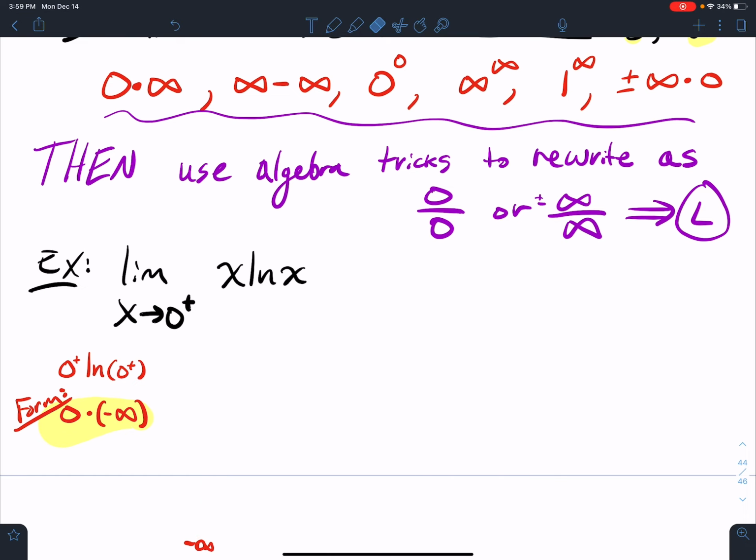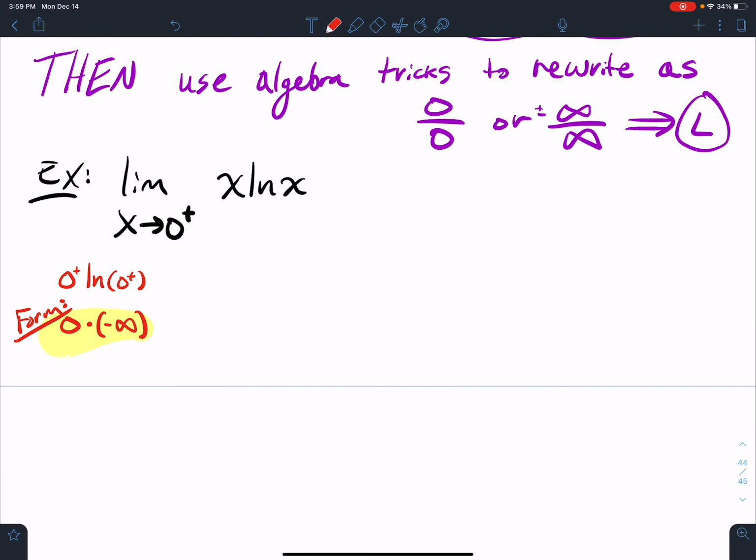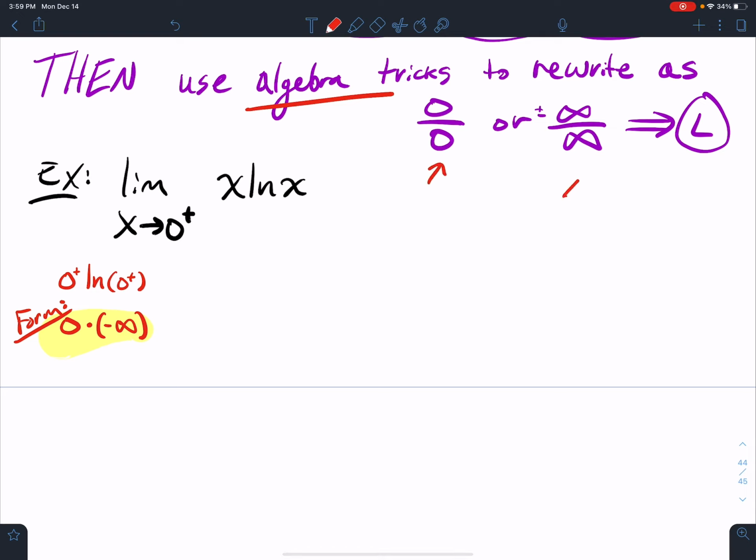So that's the form. Can I use L'Hopital in this form here? No, I cannot. Okay? So I can't use L'Hopital here, so I'm going to have to use some algebra trickery in order to rewrite this in the form of 0 over 0 or infinity over infinity, whichever one works. Okay?